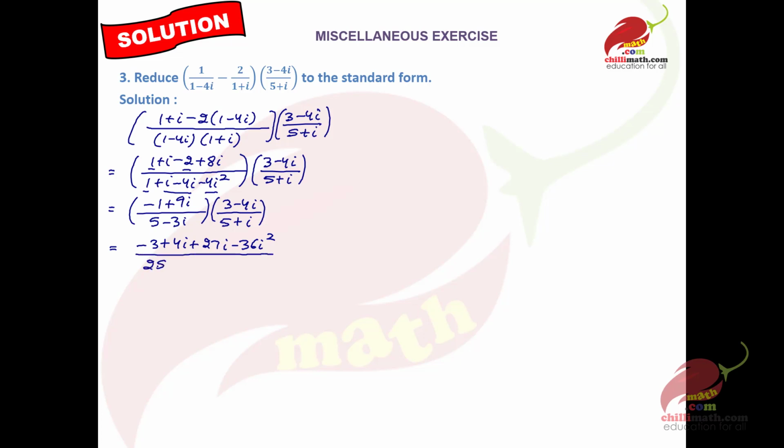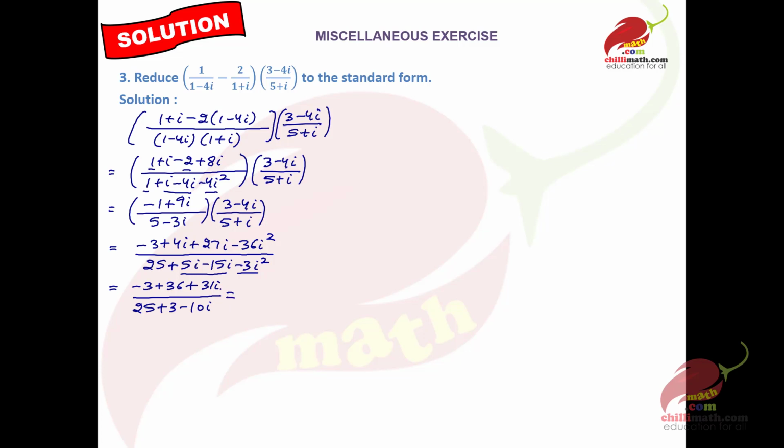over 25 plus 5 iota minus 15 iota minus 3 iota square. Upon solving, we get minus 3 plus 36, I am writing directly, plus 31 iota over 25 plus 3 minus 10 iota.